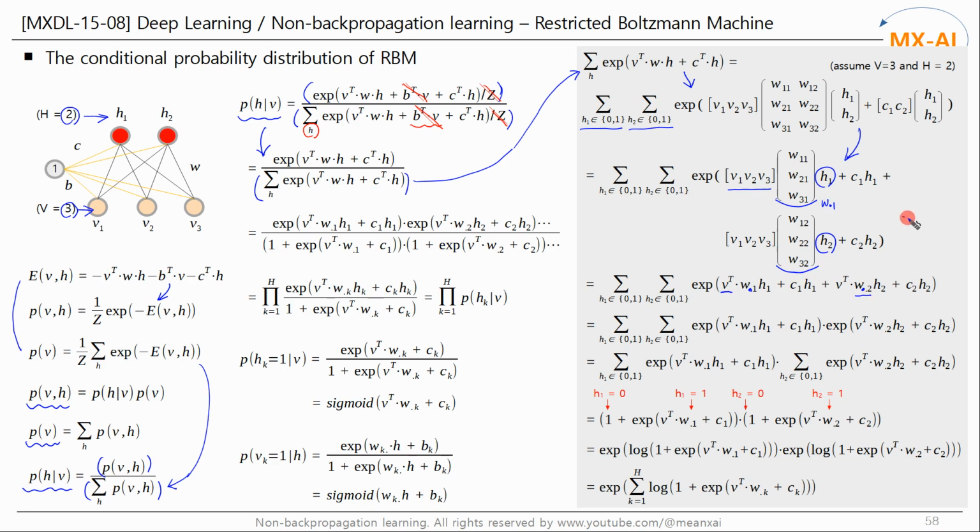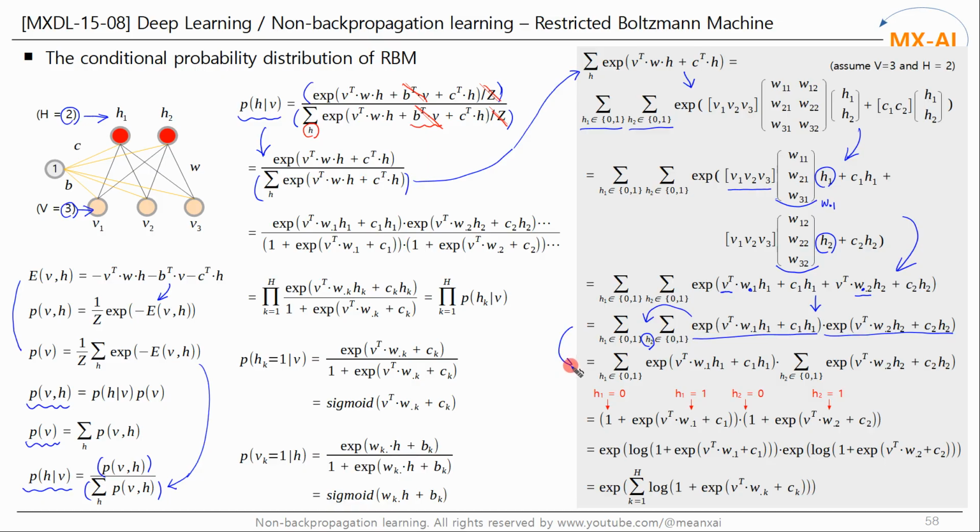Then, this expression can be written as follows. This expression can be written as the product of 2 exponential functions as follows. Since the first factor is independent of H2, it can be moved outside this sigma notation.